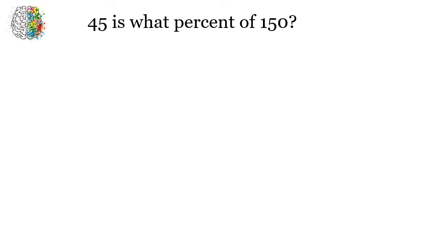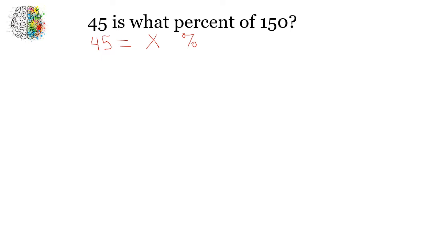Our next problem is 45 is what percent of 150? Once again, we're going to use our word cues to help us translate our word problem into an equation. 45 means equals. What is my X, my unknown? Then I have a percent of means multiply.